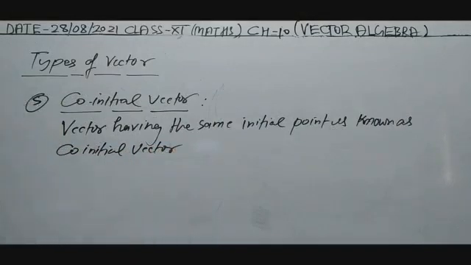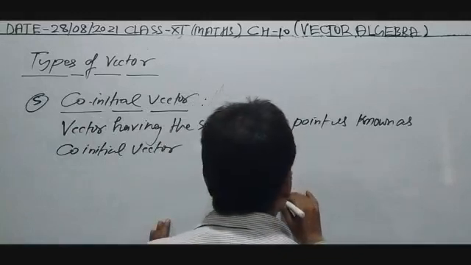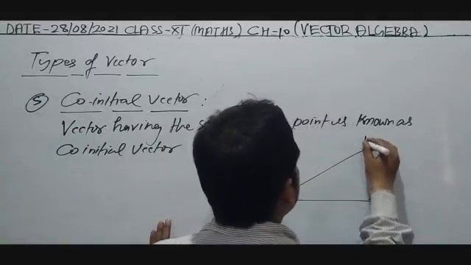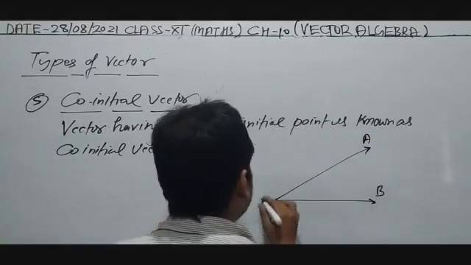For co-initial vectors, suppose we are drawing two vectors OA and OB.